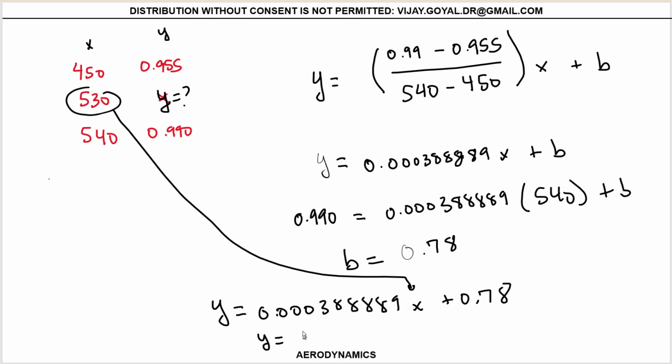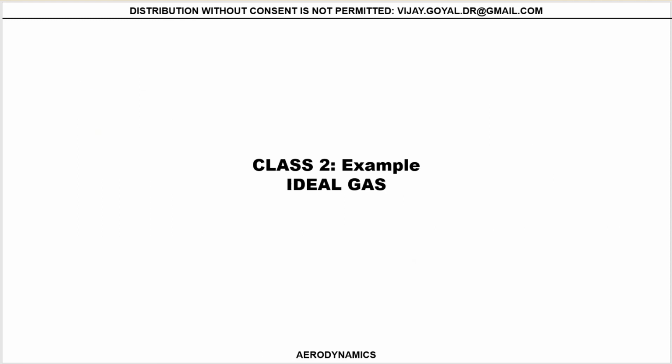That gives you 0.9861, which is very close to 0.99 if you wanted to keep that. But if you wanted to be exact, this is how you would do it. This completes example number 1 of ideal gases.